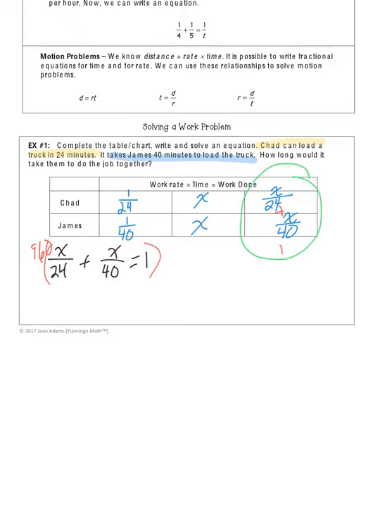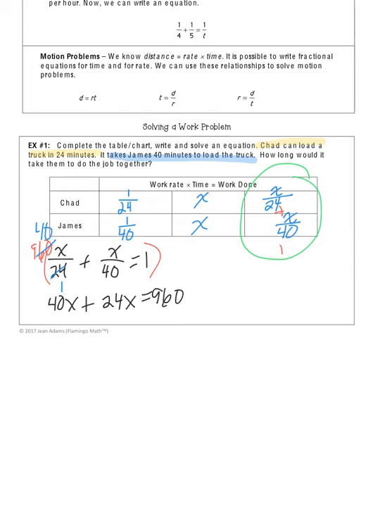So I know that 24 is going to go in here 40 times. And so I get 40x plus, and then I know that when I multiply 960 here, the 40 is going to go in here 24 times. So I'm going to get 24x equals 960.